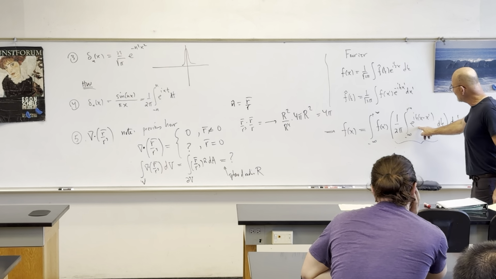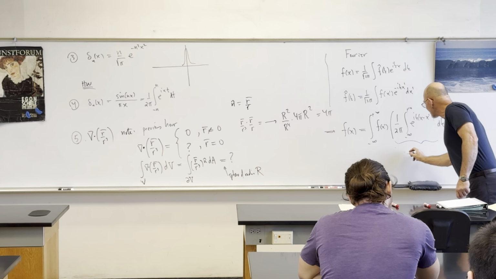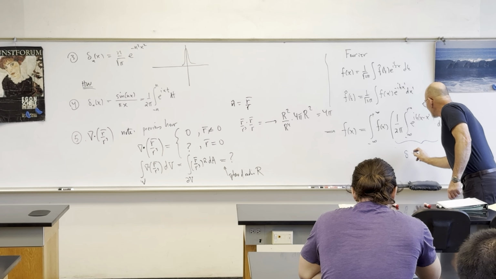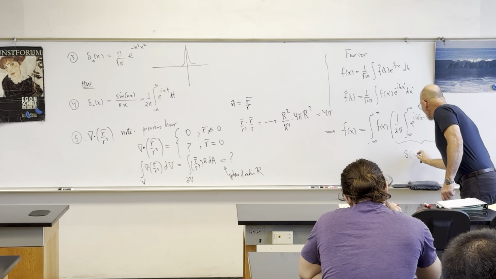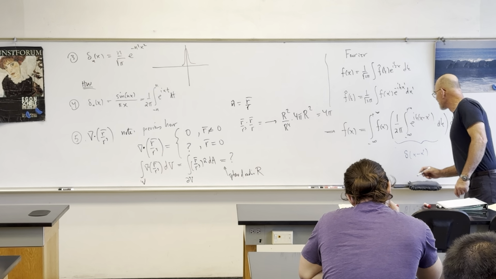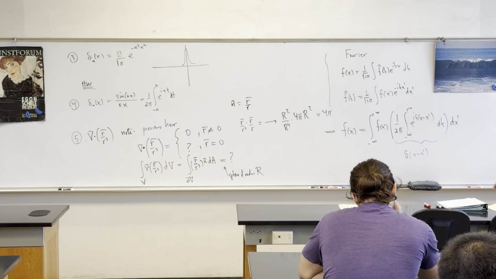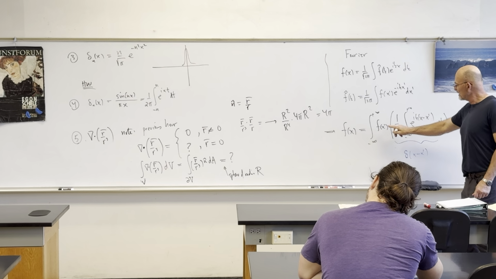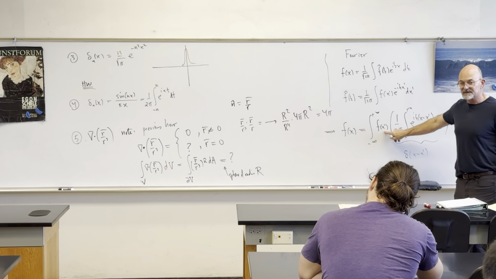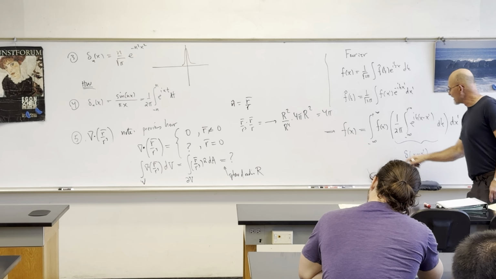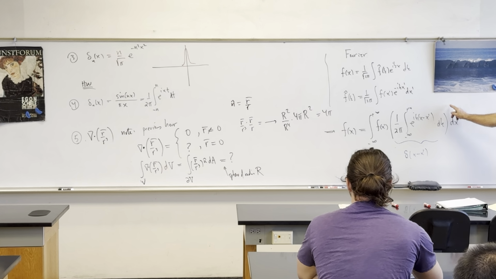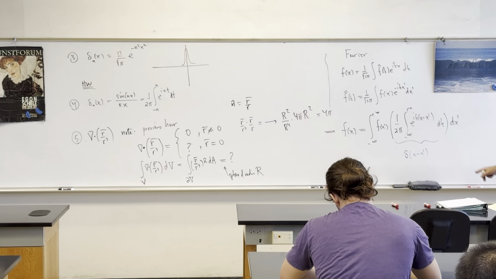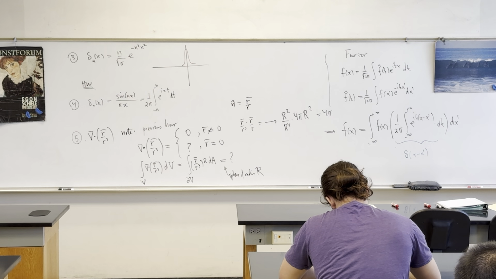So what that means is this itself is a delta function, delta of x minus x prime. This whole thing is a delta function, and when x equals x prime, boom, x prime equals x. It brings it out. This, which is very close to what we've been looking at in the past, is itself a delta function.